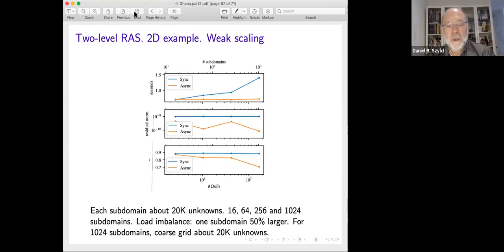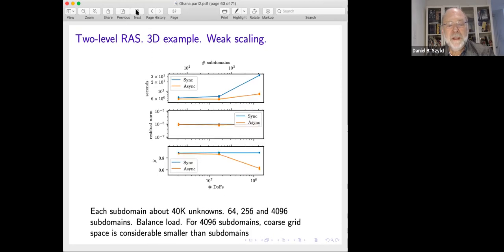Okay. Now, when you make one 50% larger, it's not just at the end, but even earlier on, the asynchronous scales, the timing is the same. So that's very good.